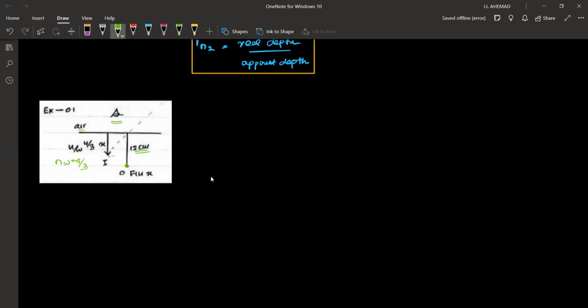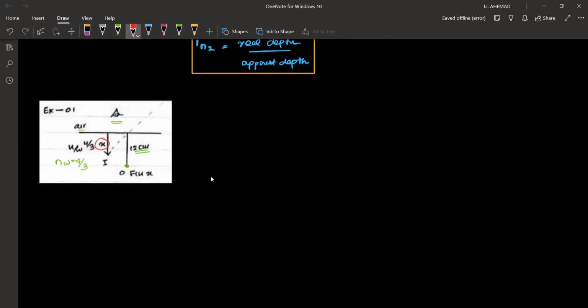Actually both of them should be in the same line, but if we draw it in the same line, it's hard to do the calculation, right? That is why there's a gap between them. Don't misunderstand that. So we have to find x.